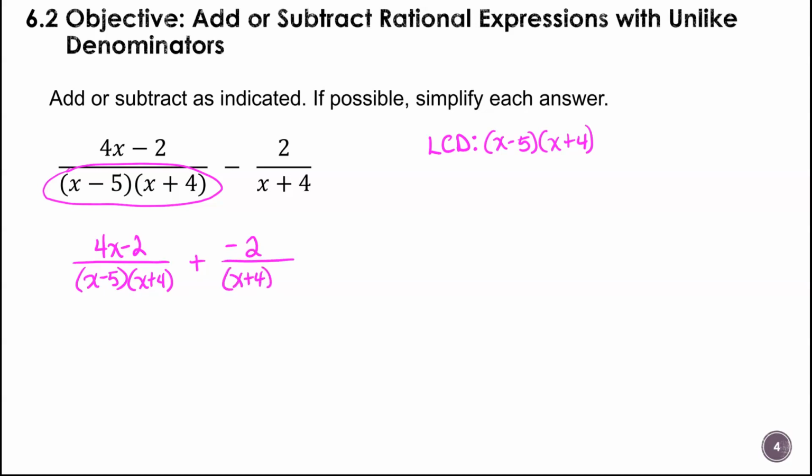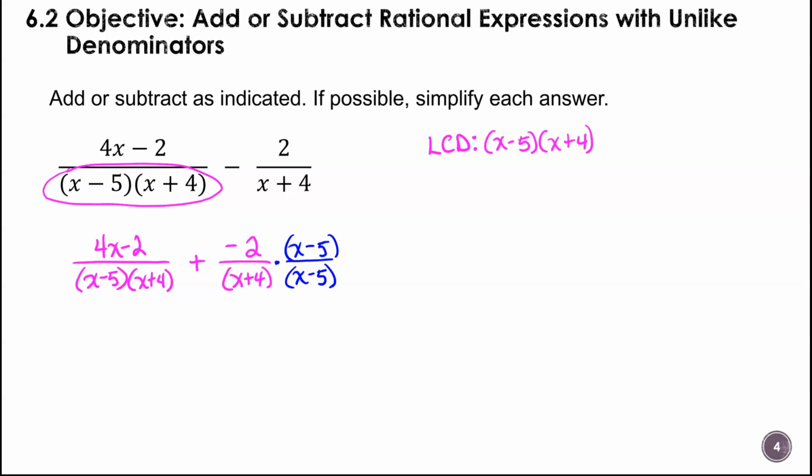And then I'm multiplying, let me just make that shorter. I'm going to multiply by the missing part. And that's going to be x minus 5 over x minus 5. Now I'm going to put parentheses around these because that just shows that factor.